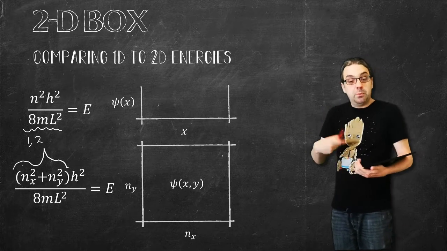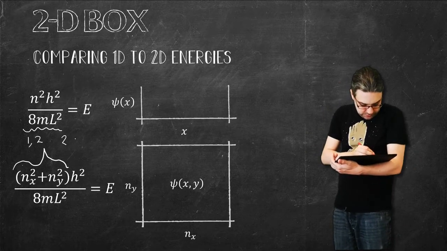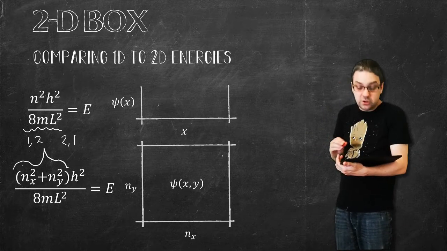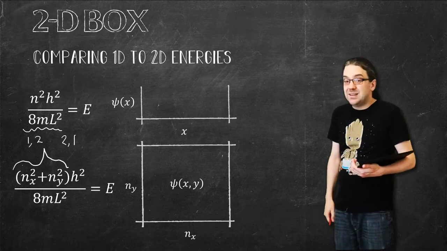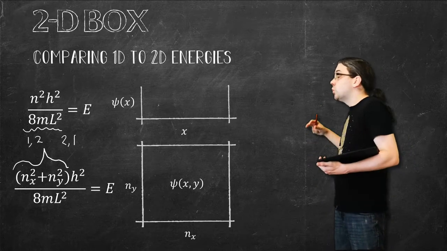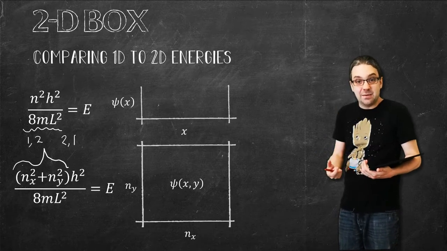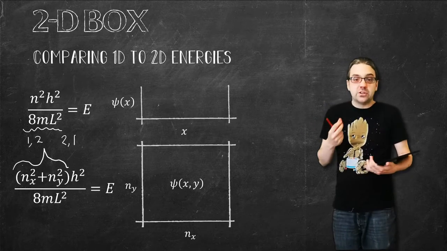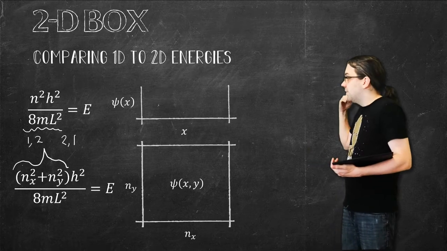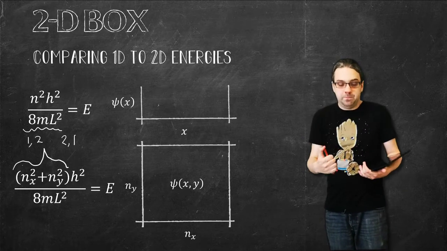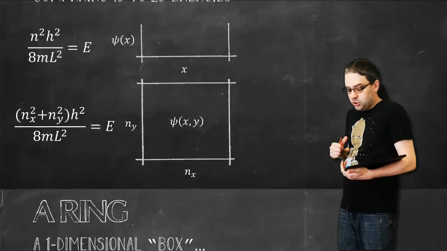But there's nothing special about putting it in that direction. We could do 2 and 1. 2 squared plus 1 squared is equal to 5. So in both of those cases, the energy will come out as exactly the same. So we're getting 2 combinations of quantum numbers that give us the exact same energy. We'll get on to what that means shortly.